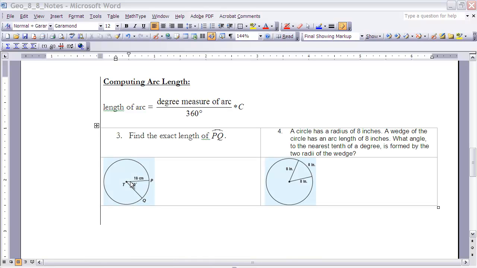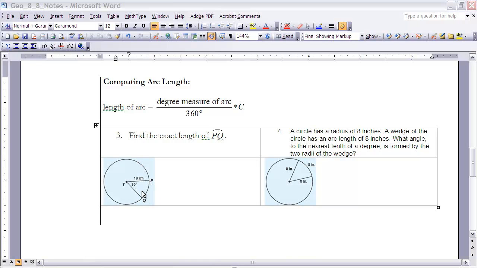The last topic I'd like to take a look at in this section is computing arc length. Before, when we've looked at arcs, we've looked at them in terms of their measure, and that was always related to the central angle of the circle. Now we're going to look at the actual length, the measurement that I could do, like on a ruler, for that arc.